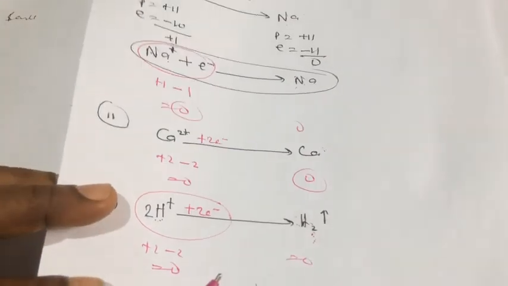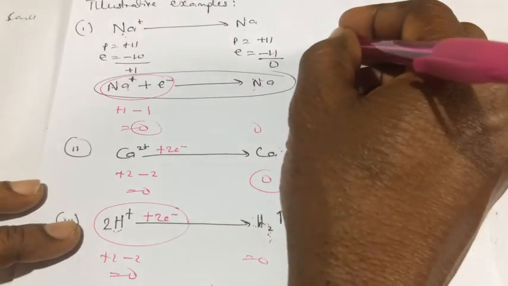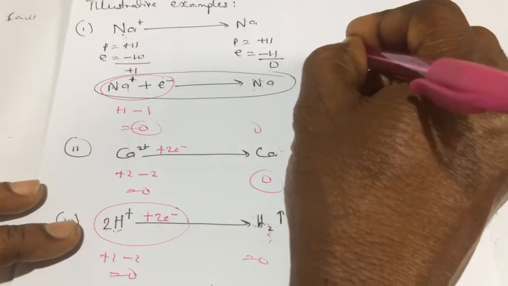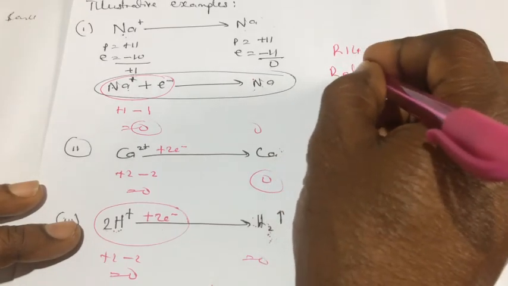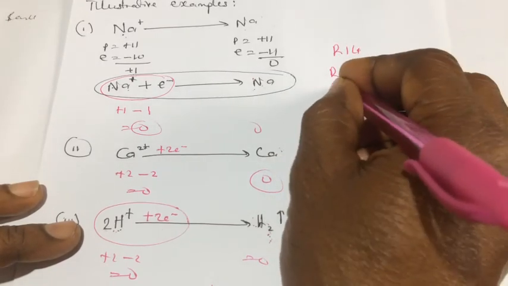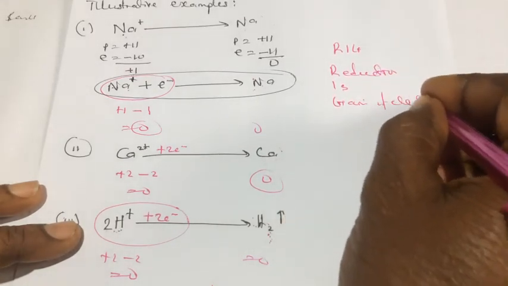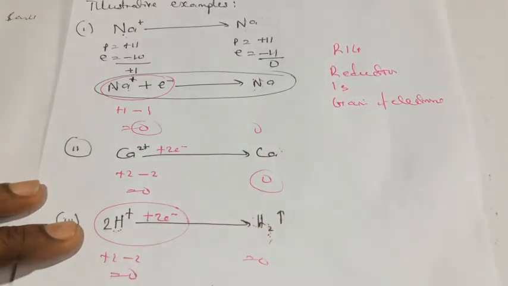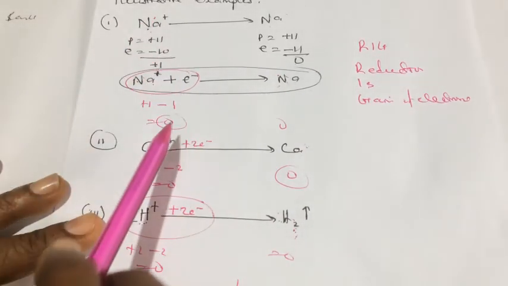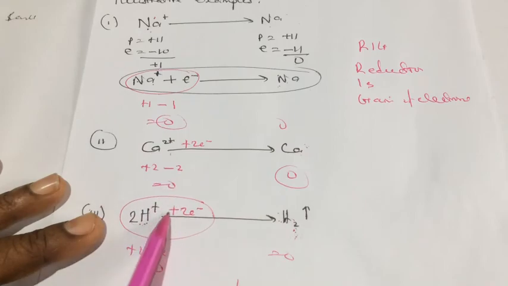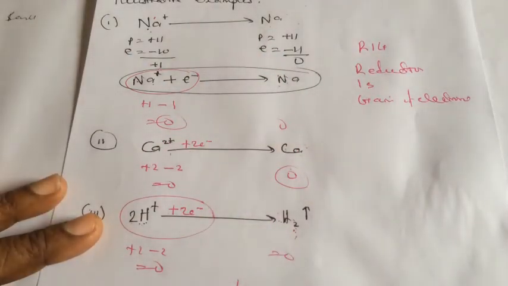Reduction is taking place at the cathode. For reduction we have an acronym, RIG: reduction is gain of electrons. So when electrons are gained by cations, they become reduced to their corresponding element. So don't forget this.